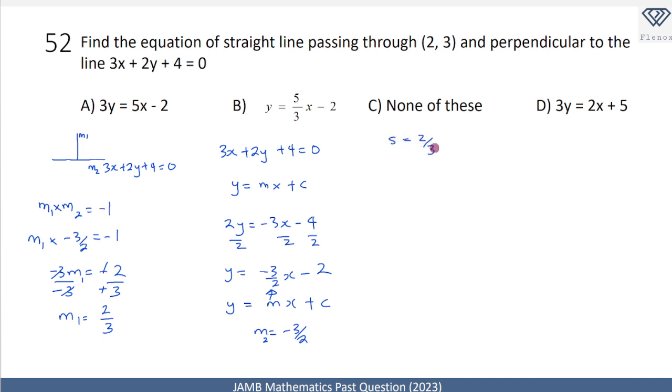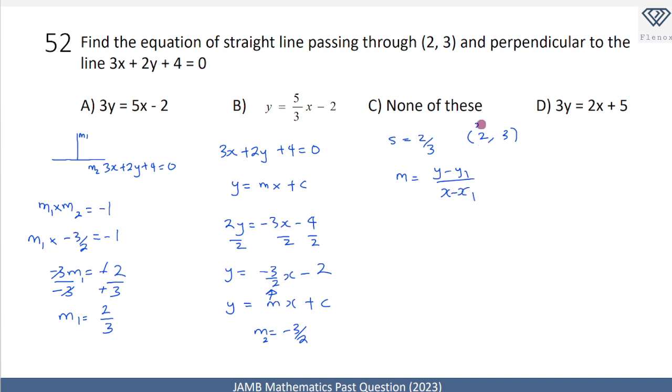We know that the slope of the line is 2/3, and that it passes through the point (2, -3). Now the equation of the straight line is given by the slope m equals (y minus y1) over (x minus x1).